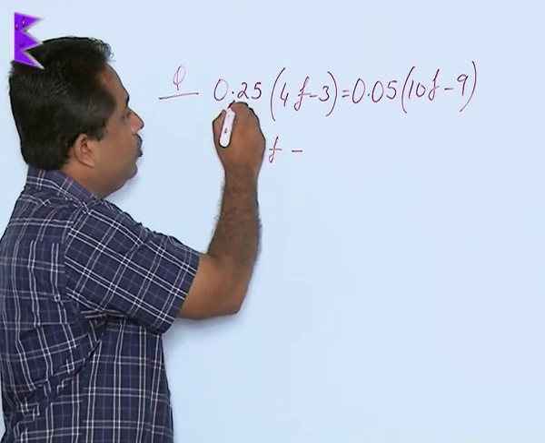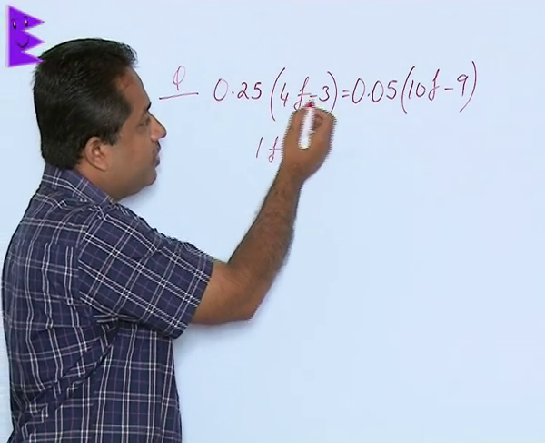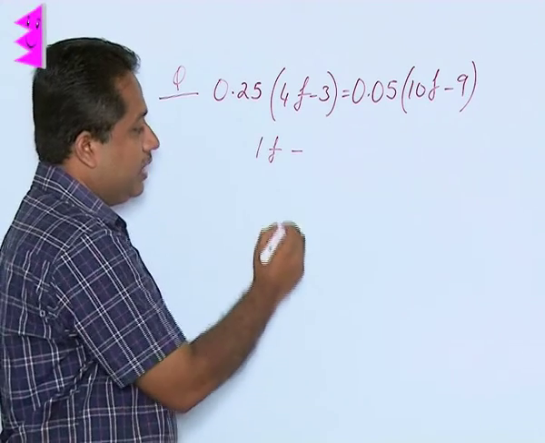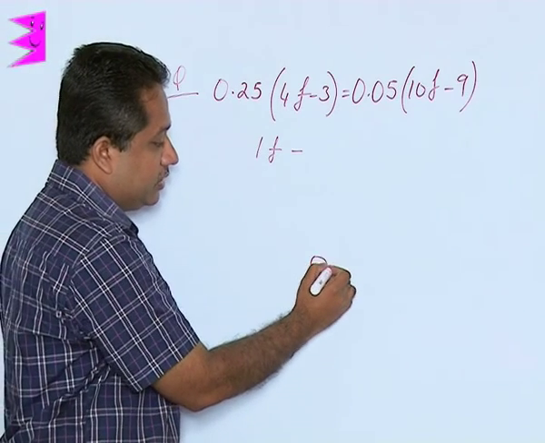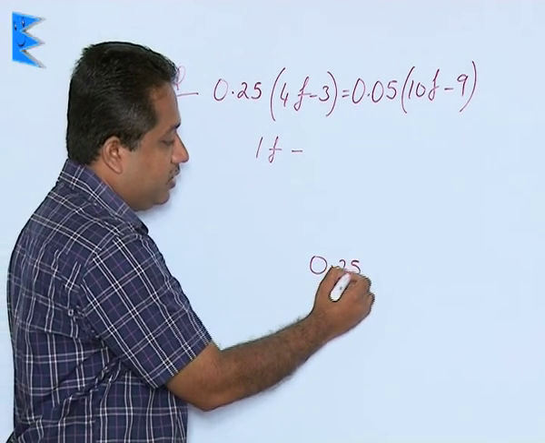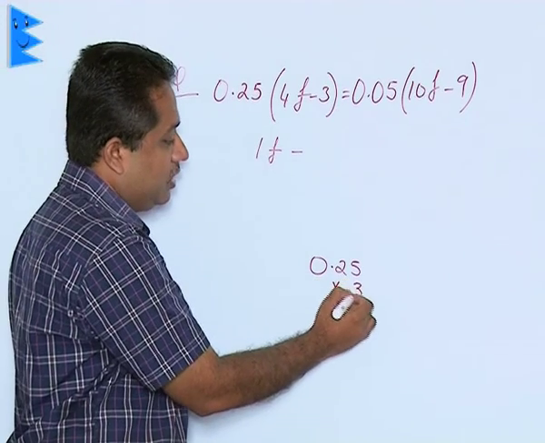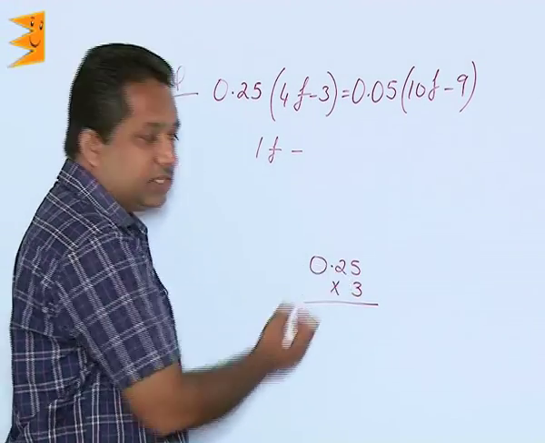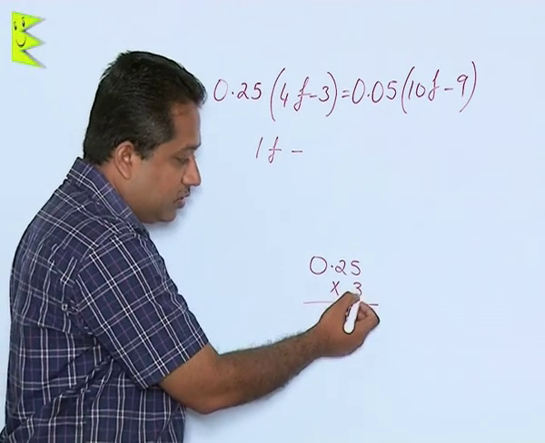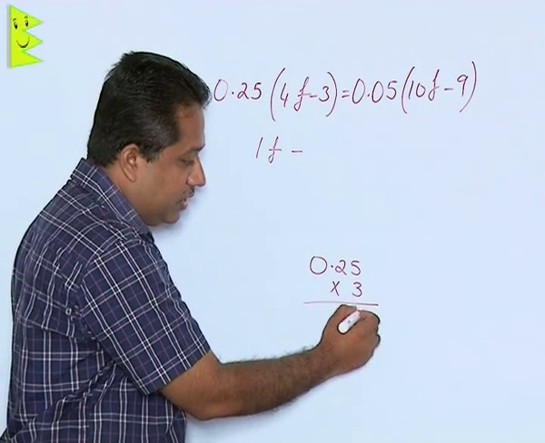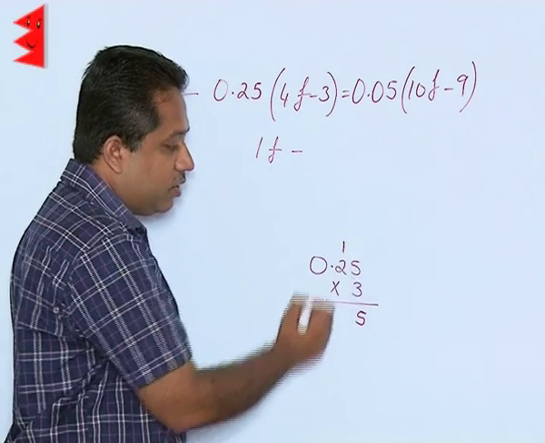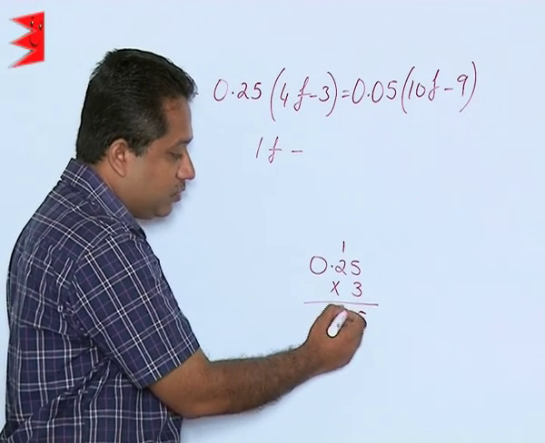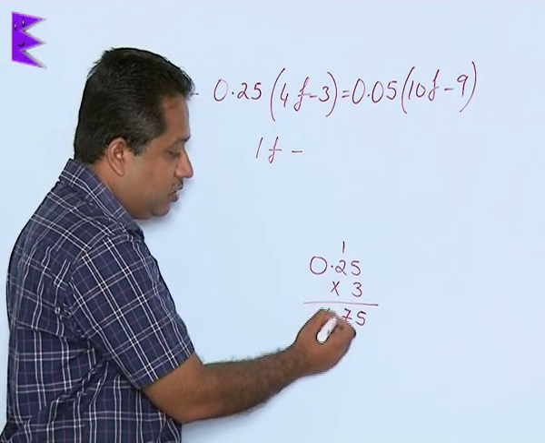So, if we multiply 0.25 with 4, you are going to get 1f. Minus, you are going to multiply 0.25 with minus 3. So, we are going to get 0.25 into 3, and we know that 25 into 3 is 75, but you have to be careful of the decimal here. In the simple way, 5 3s are 15. So, 5 and 1 carry over, 3 2s are 6, plus 1 is 7, 3 zeros are 0.